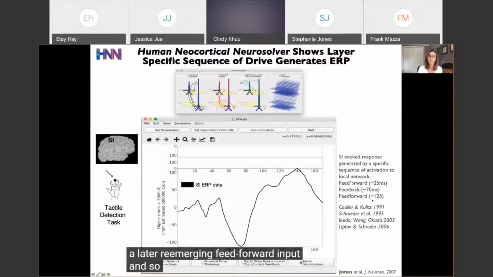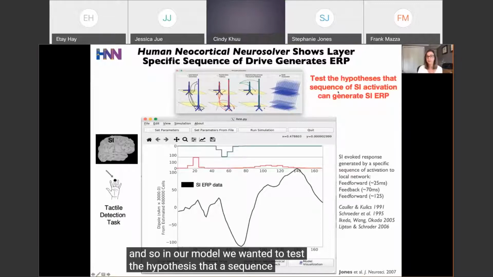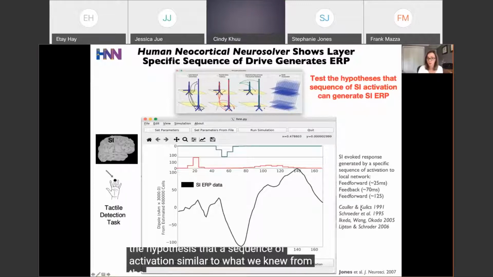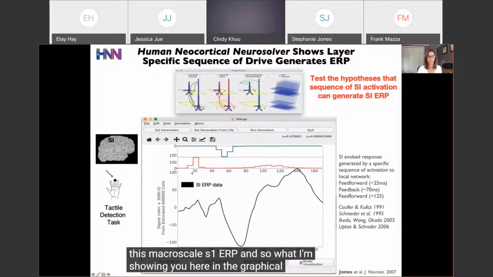And so in our model, we wanted to test the hypothesis that a sequence of activation similar to what we knew from the literature could in fact generate this macro-scale S1 response. And so what I'm showing you here in the graphical user interface is a histogram of the driving spikes that we use in our network to represent proximal and distal drive.